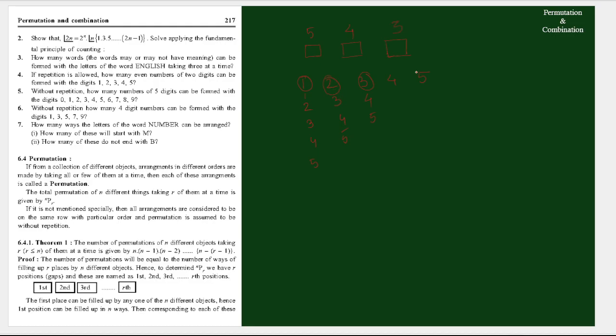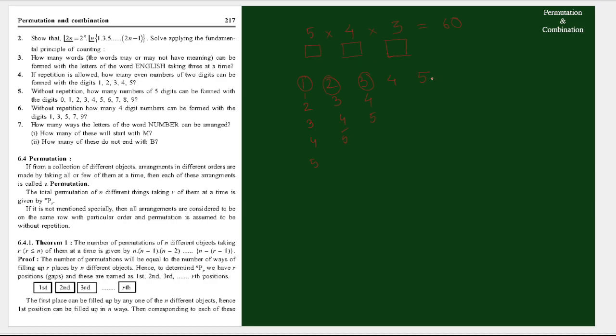Now the total permutation, using our fundamental principle of counting, will be 5 into 4 is 20, 20 into 3 is 60.